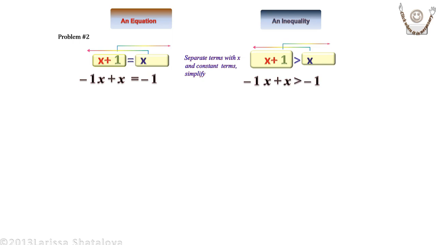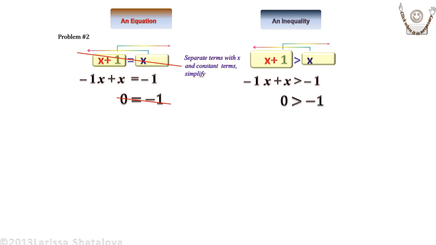Now simplifying, the equation becomes 0 = -1, and for the inequality, 0 > -1. Now, 0 = -1 is a false statement, so this equation doesn't have solutions.